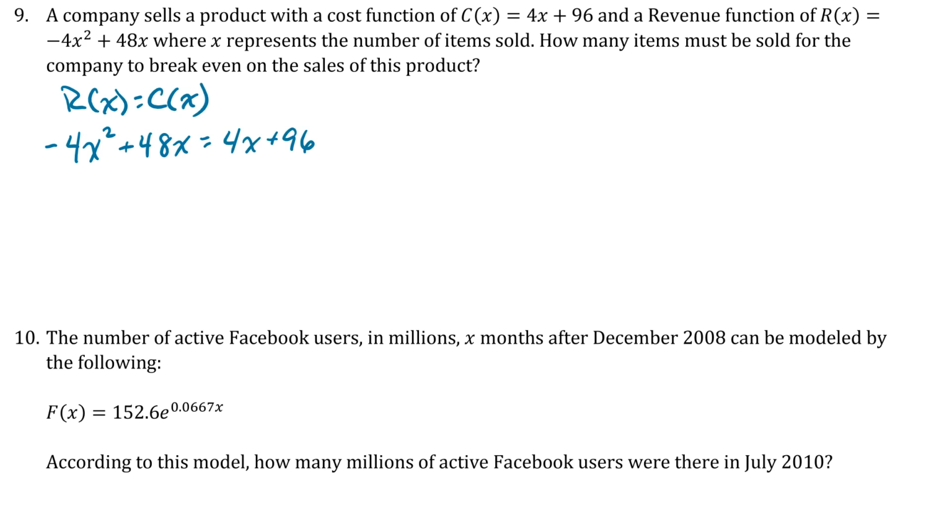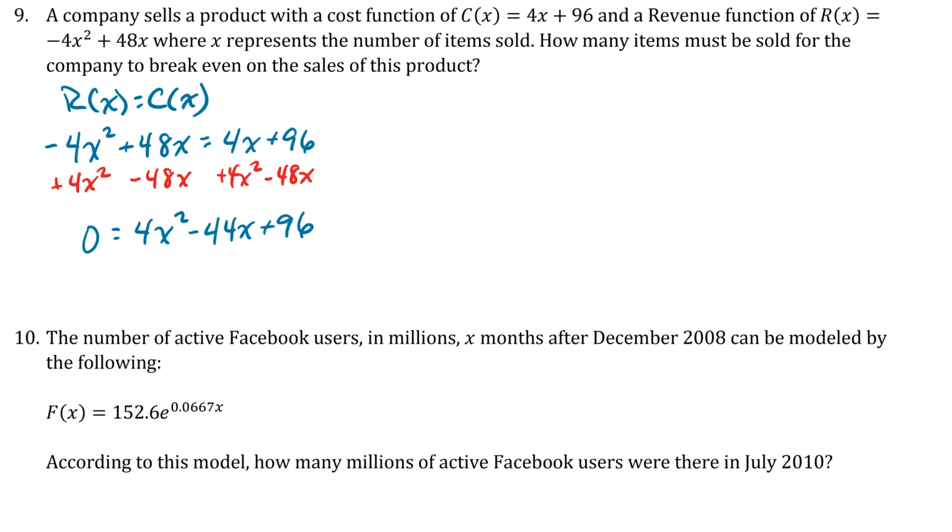Since this is quadratic, whenever we're moving stuff over to set it equal to 0, I'm going to add the 4x squared and subtract the 48x from both sides, just so we can get that x squared term positive, because things like split b are much easier whenever the leading coefficient is positive. All right, so we're going to get 0 equals 4x squared minus 44x plus 96.